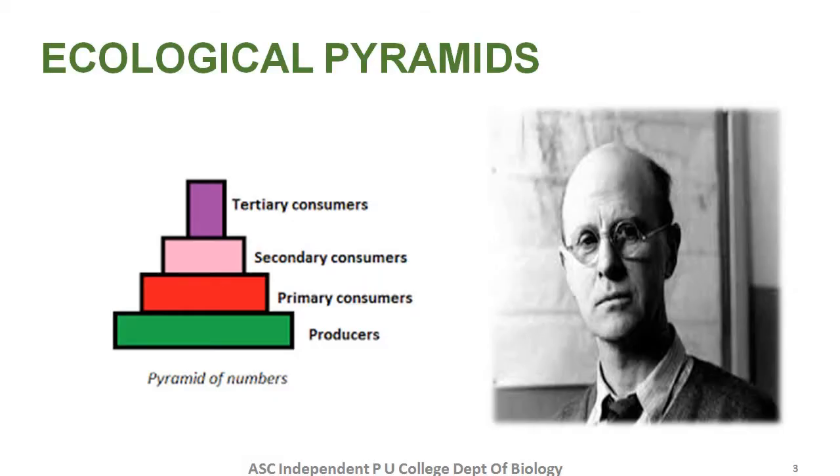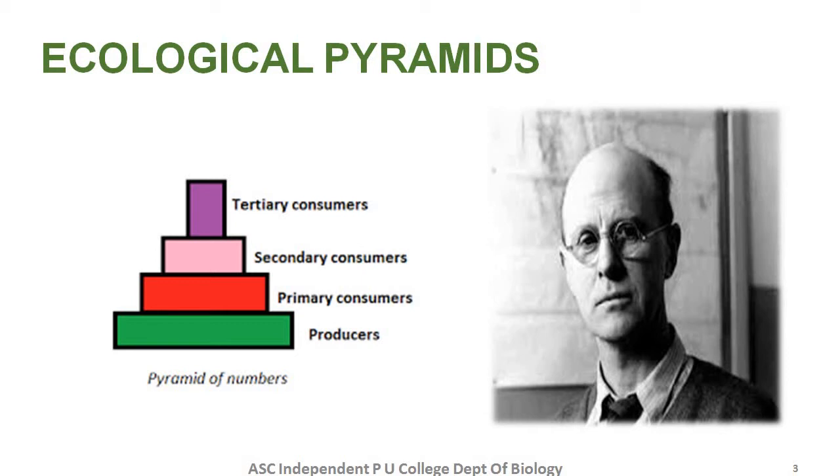Ecological pyramids. Ecological pyramids are the graphical representation of various trophic levels of food chain designed to show their number, biomass, and energy. There are three tiers in the pyramid: the basal tier, the mid tier, and the apical tier, also called the apex.